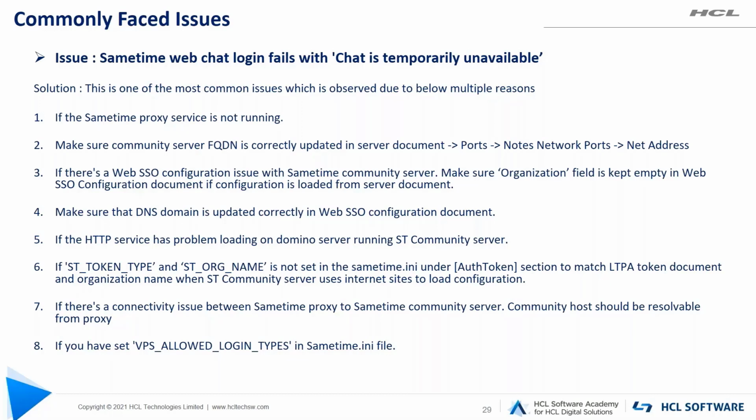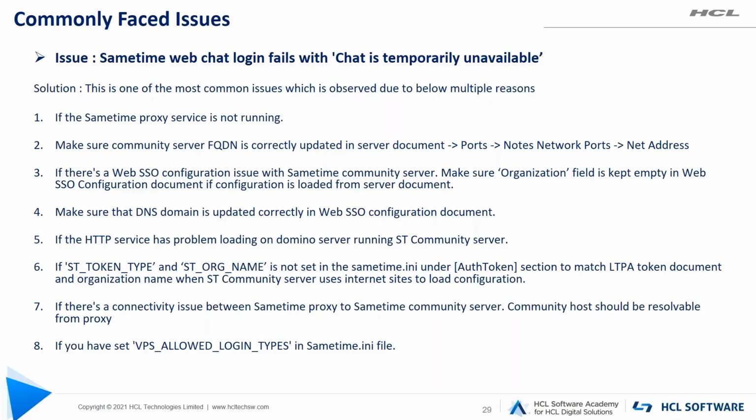One of the most common reasons is if the Sametime proxy server is not running. Just check and confirm that the proxy server service is up and running. If it is not running, then you will see this error message. Once it is running and you still see this error, explore the other options listed here. Make sure that the community server FQDN is correctly updated in the server document, under Ports, Notes Network Ports, Net Address.